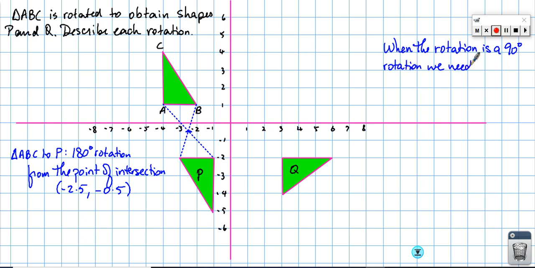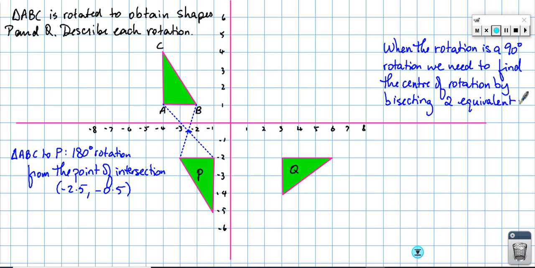We need to find the center of rotation by bisecting the distance between two corresponding points, between two corresponding vertices.